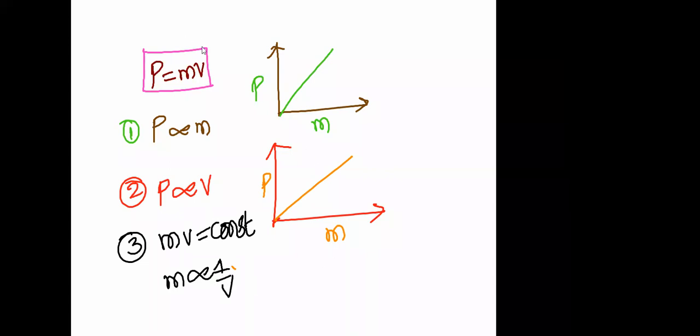If mass increases, velocity decreases. If mass decreases, velocity increases. See, velocity is taken here, mass is taken here. With increasing mass, velocity of the body decreases. These are the graphs for the relation between momentum, velocity, and mass.